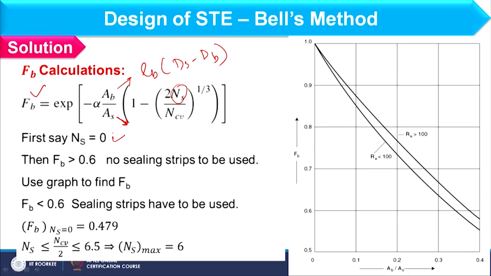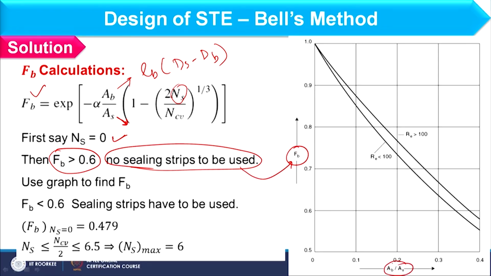For that, I will put NS equal to 0 and then calculate the FB value. If the FB value is more than 0.6, no sealing strips are required, right. In the case where no sealing strips are required, we have to find the correct FB value from this graph, where AB by AS we have already calculated. So, in this case FB we can find by graph.